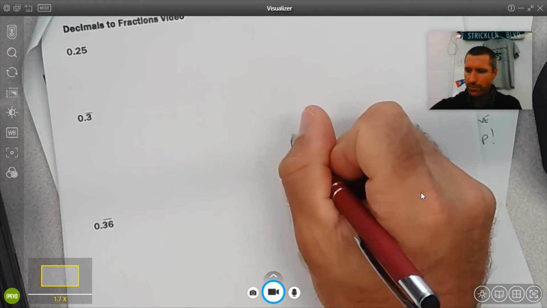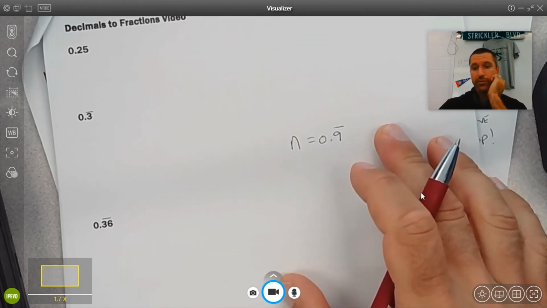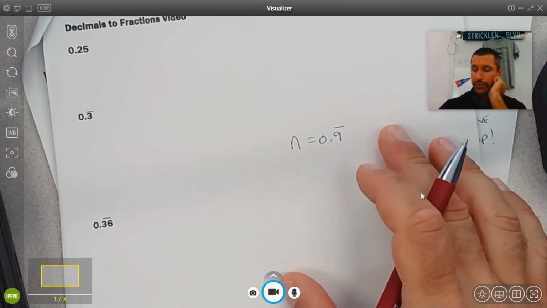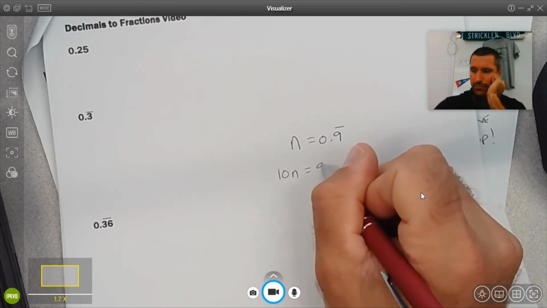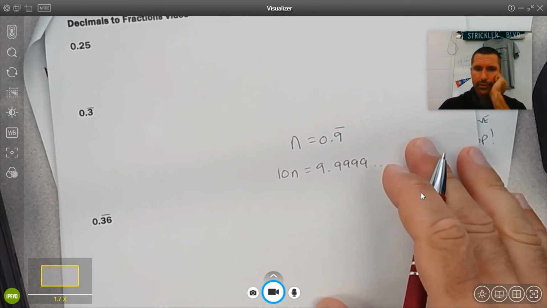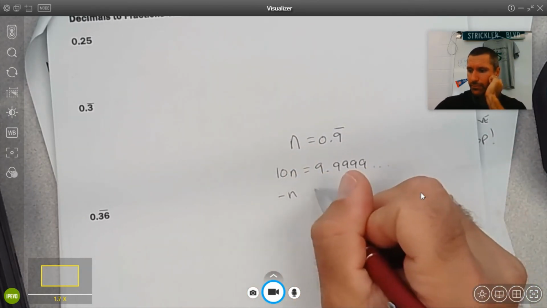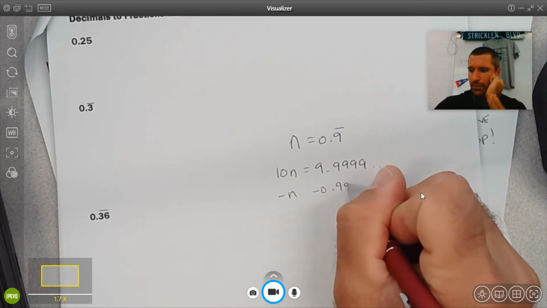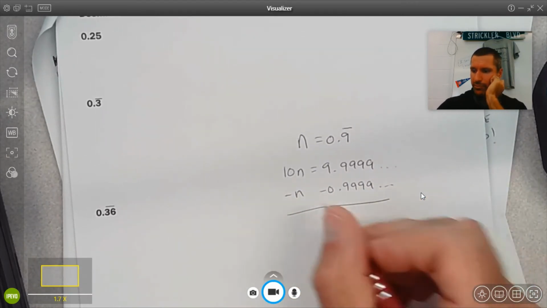If you say n equals 0.9 repeating and use the same 5 steps that we just ran through, let's see what we end up with. So multiply both sides by 10. Hope you're writing this down. You can just do it right over here too, you've got plenty of space. Subtract the value of n. 10 minus 1 is 9.